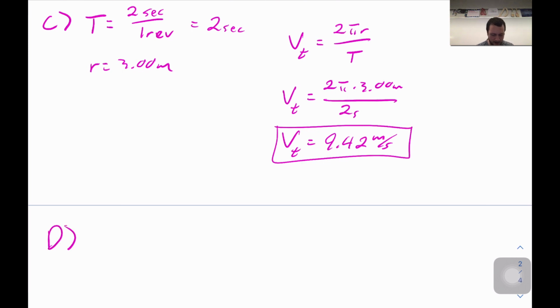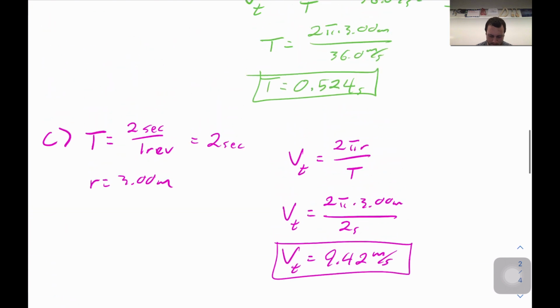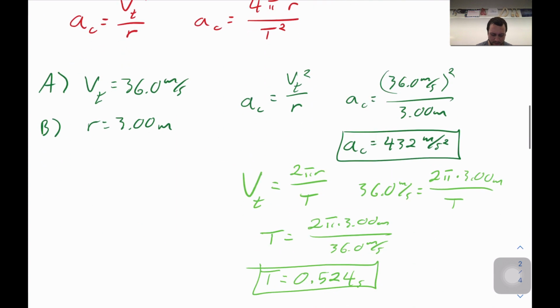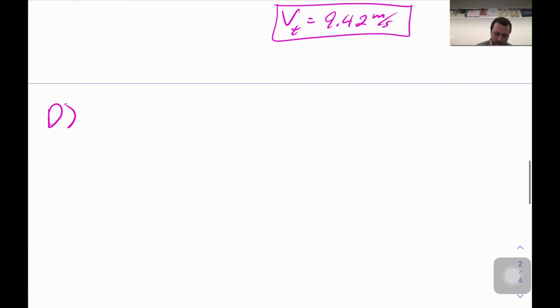So now our centripetal acceleration, because we know our tangential velocity and because we know our radius, I would use v_t squared over r. We certainly could use 4 pi squared r over t squared. I just find the first one to be a little bit easier based on the information that we have.